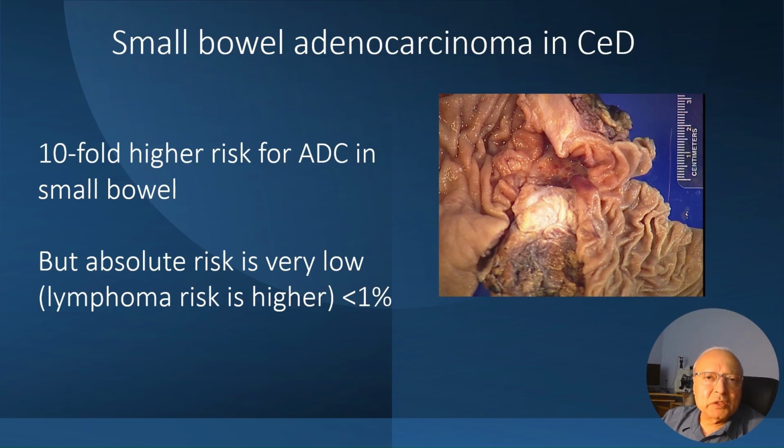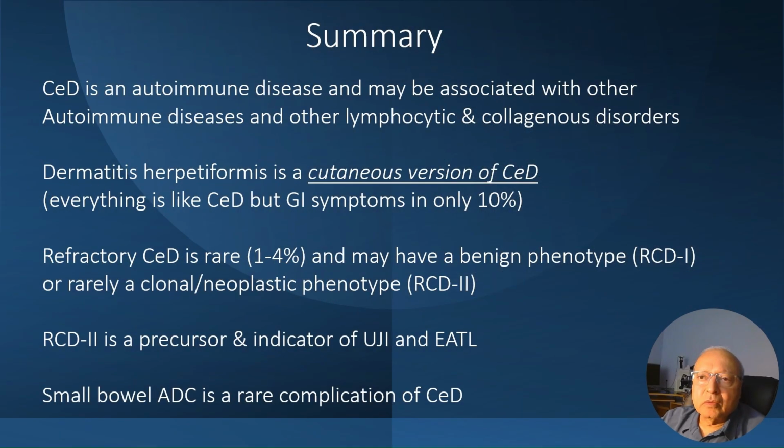And actually, the risk for lymphoma in celiac may be greater than adenocarcinoma. And when the adenocarcinoma does occur, it's usually in the areas where there's maximum chronic inflammation. So here is duodenum showing a stricture with adenocarcinoma.